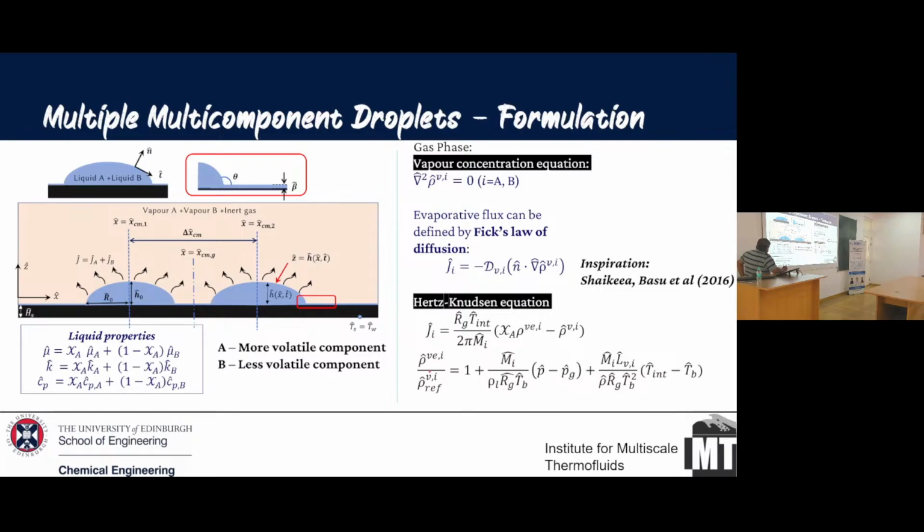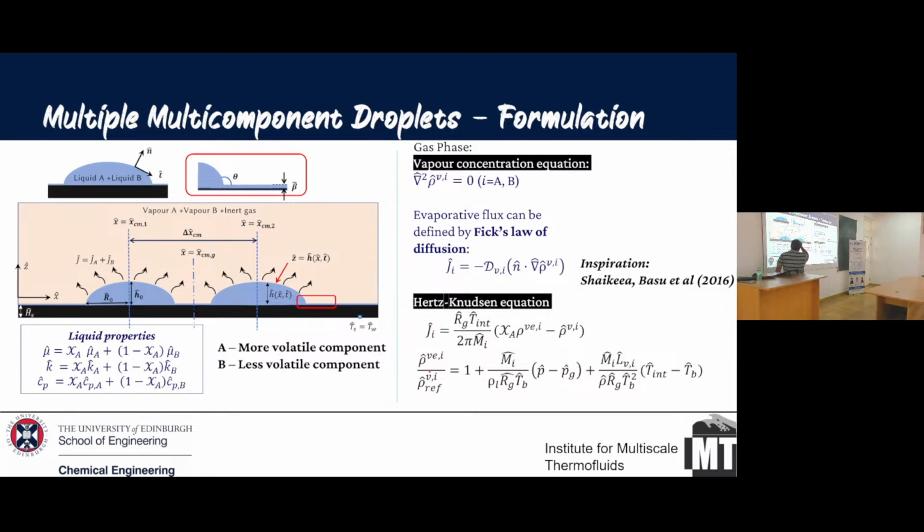So this is a mixture of A and B. There are two droplets here, and it's a 2D system. We begin with a 2D analysis, and because the height is small with respect to the length, we can use a lubrication approximation here as well.